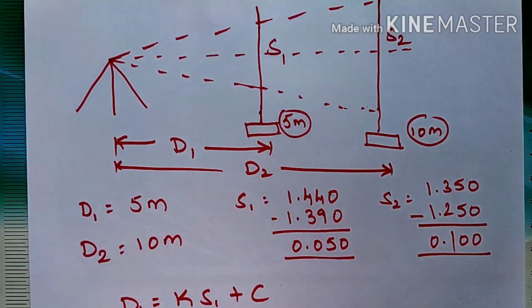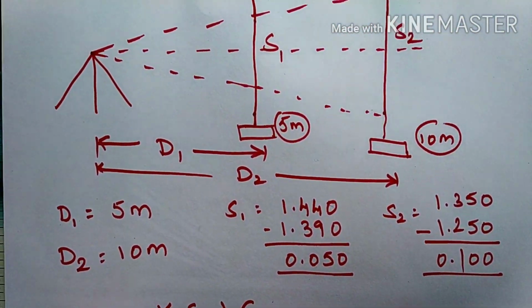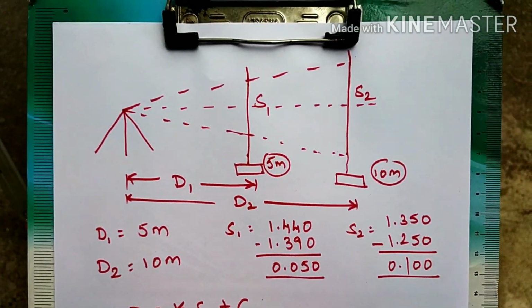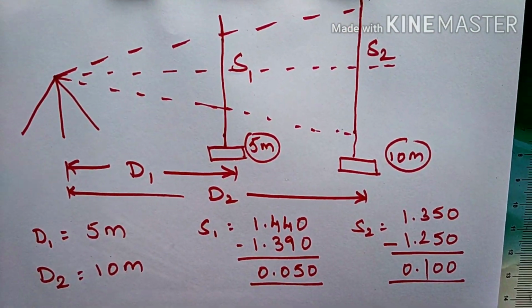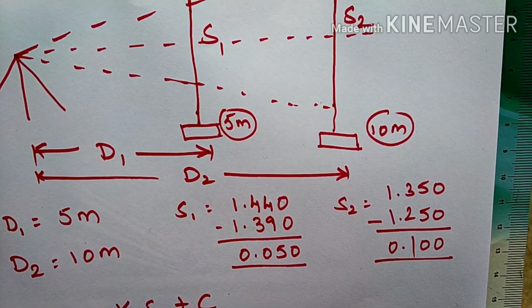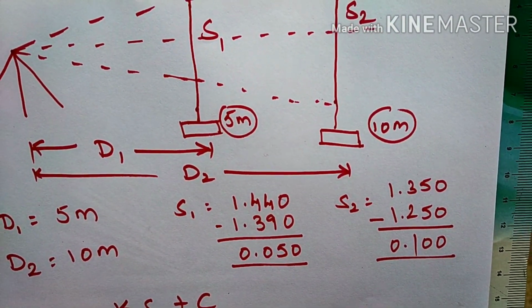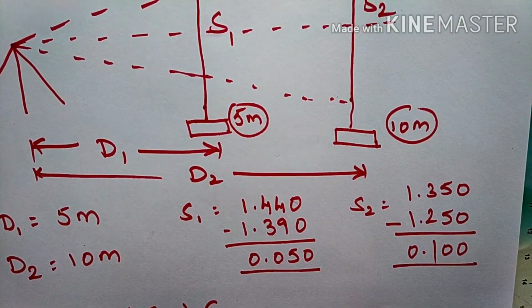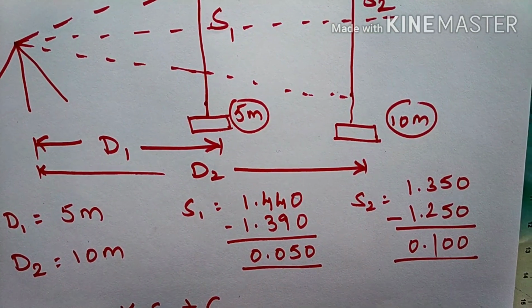See here from the observation we are getting the values D1 is equal to 5 meters, D2 is equal to 10 meters, and for S1 the upper crosshair reading is 1.440 and lower crosshair reading is 1.39. The difference of which is 0.05, the staff intercept S1 at distance D1.